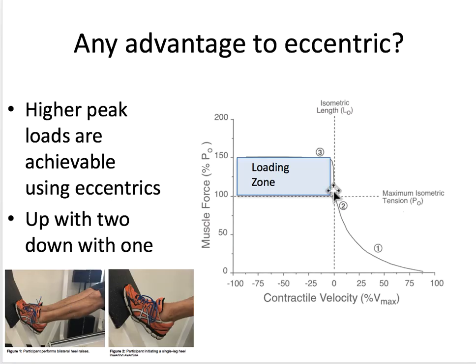And so what we'd be doing is pushing them into this higher eccentric loading and then having them lower that exceedingly high weight with one leg. So up with 2, down with 1. But the key is the up with 2 has to be more than they can concentrically contract with one leg in order to hit this eccentric loading zone. By using that technique, it's possible to load the tendon much more than you would doing just concentric exercises.